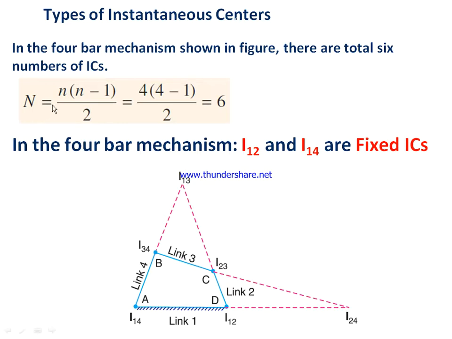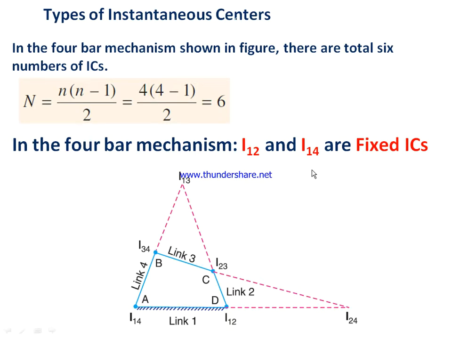So using this formula you can calculate the total number of instantaneous centers for this 4-bar mechanism. There are 4 links, substitute n equal to 4 and you get the number of instantaneous centers equal to 6.